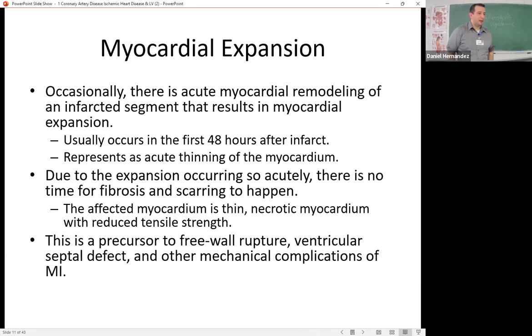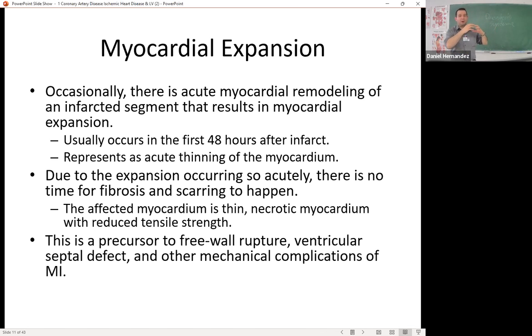This represents acute thinning of that myocardium. The reason this condition is so critical is that after the patient has an infarct, the heart might try to remodel, and it might remodel in such a way where the chamber actually expands in a certain area quite rapidly. Again, this occurs within the first 48 hours after that infarct.